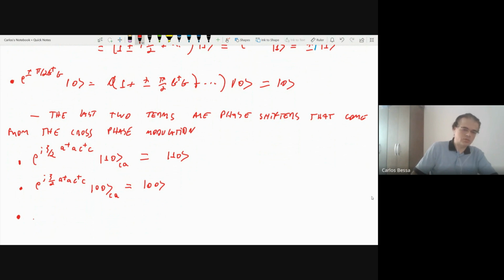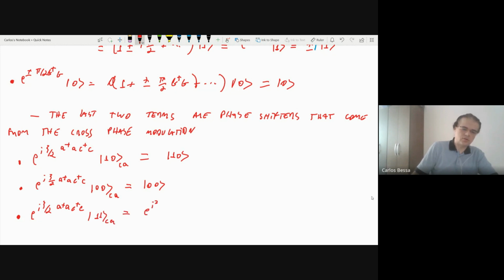And exponential i psi over 2, B dagger A, C dagger C, applied to 1, 1, CA.